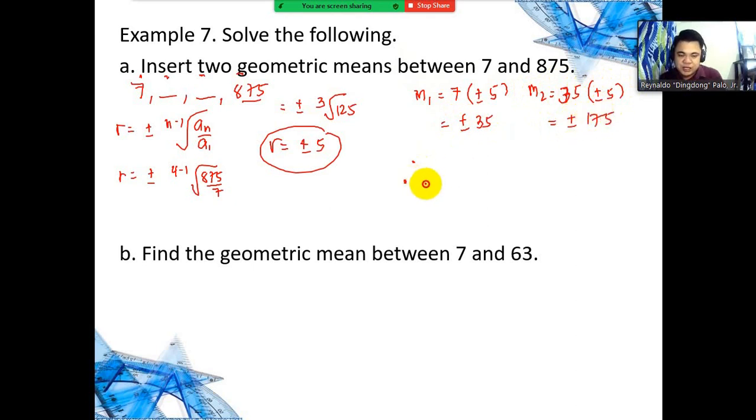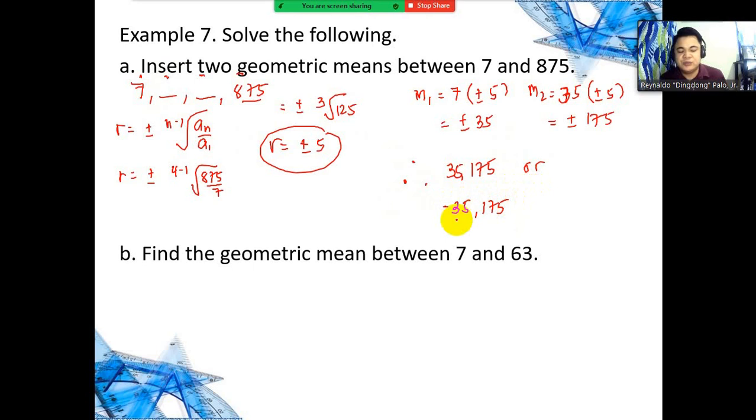Therefore, your means are 35 and 175, or since the common ratio is negative, the signs will be alternating, we have negative 35 and positive 175. So either of the two is correct.